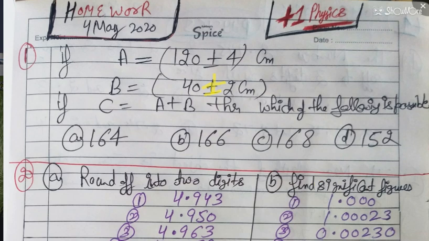So when we have to find its exact value like A plus B, simple A plus B, then we will write it as 160. So 120 plus 40 is 160, plus minus 4 plus 2 is 6. So we will write this value.